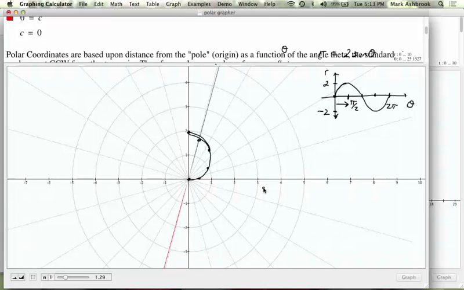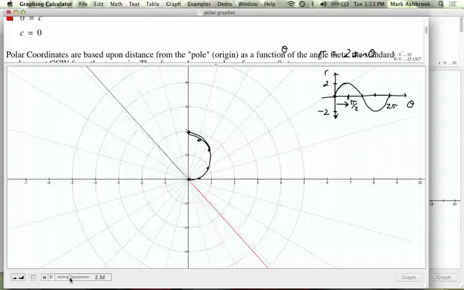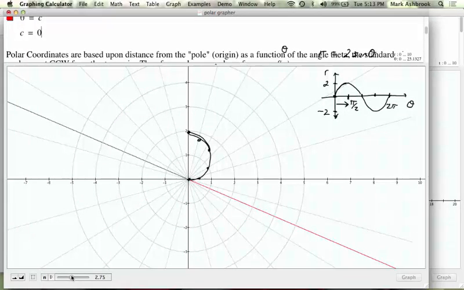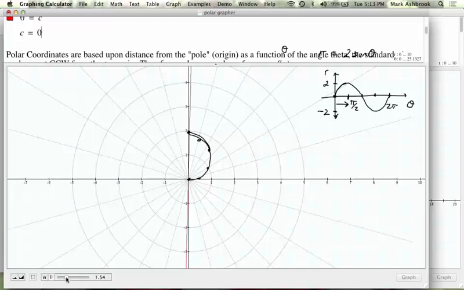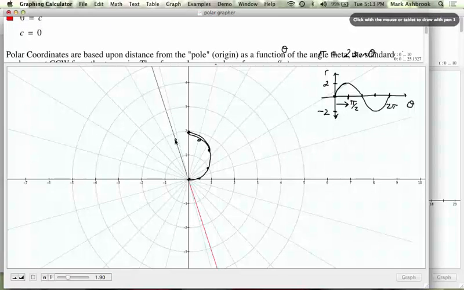Okay? And now as theta goes from pi over 2 to pi, what happens to r? Decreases from 2 to 0. So you're watching the black there. As theta goes from pi over 2 to pi, r is going to decrease back from 2 to 0. So take a little angle here. Now it's going to be a little less than 2.